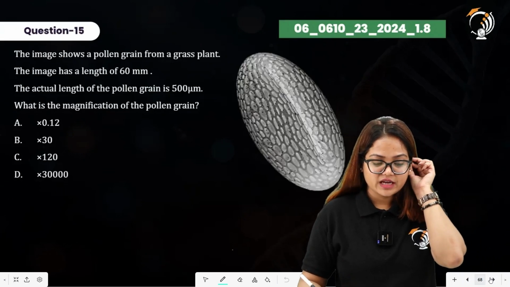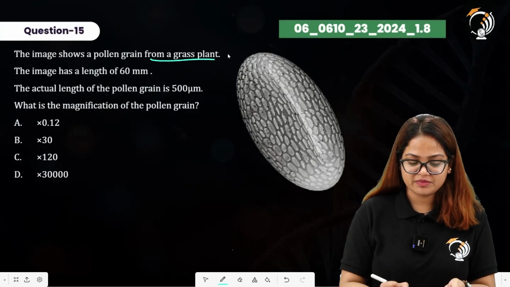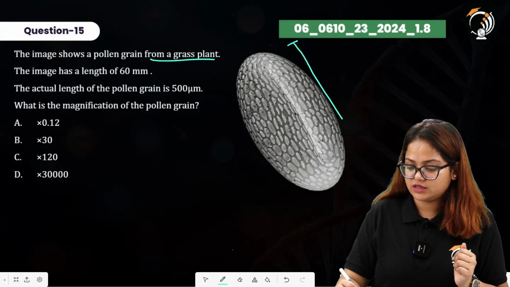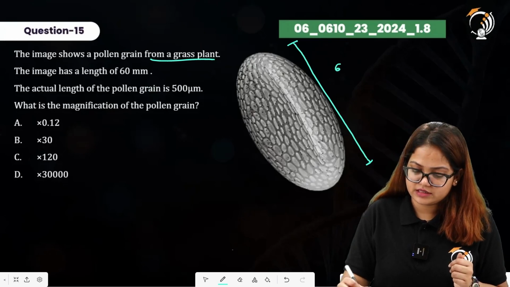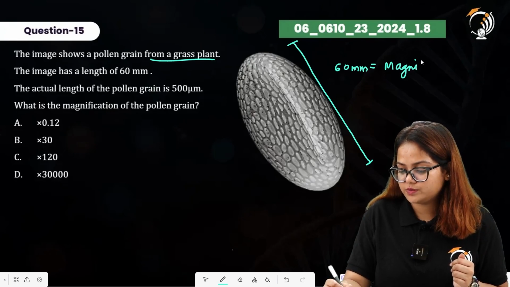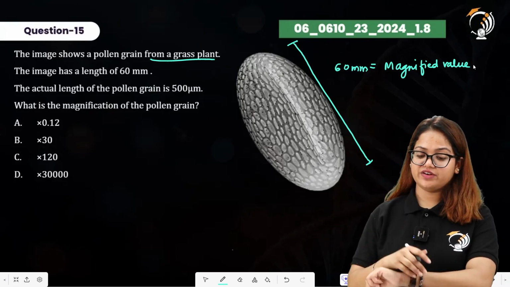Then we have, the image shows a pollen grain from a grass plant. The image has a length of 60 millimeter. So the length here is 60 millimeter. That is the magnified value. The actual length of the pollen grain is 500 micrometers.